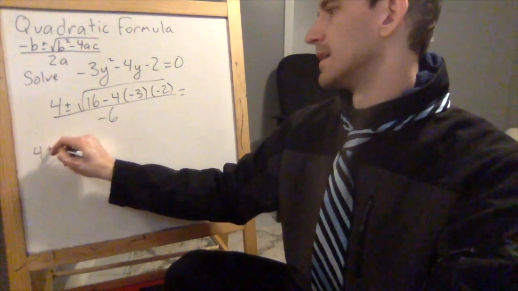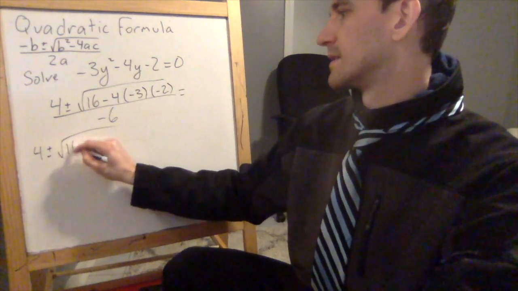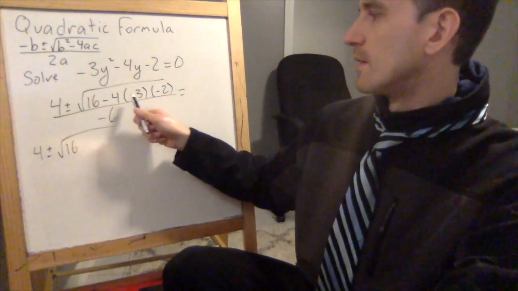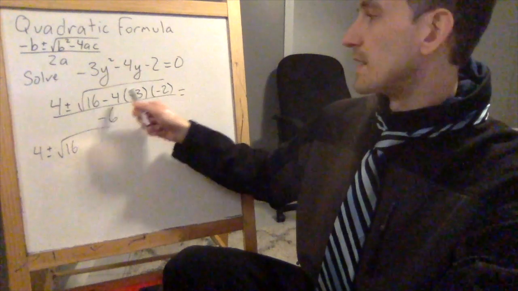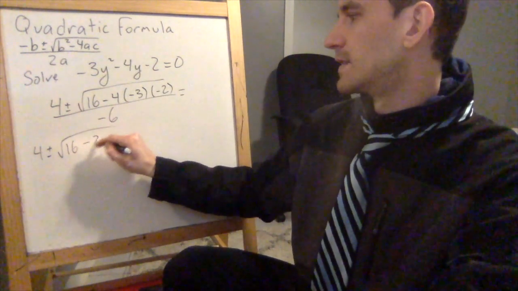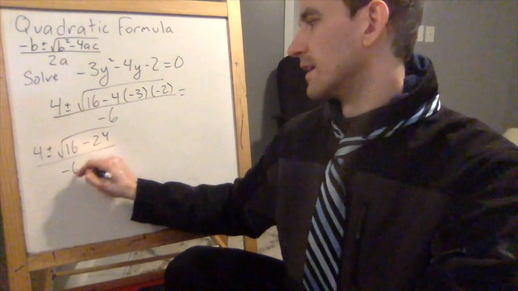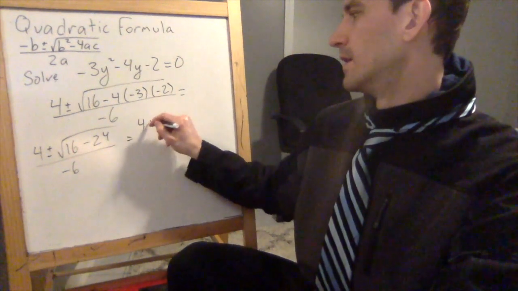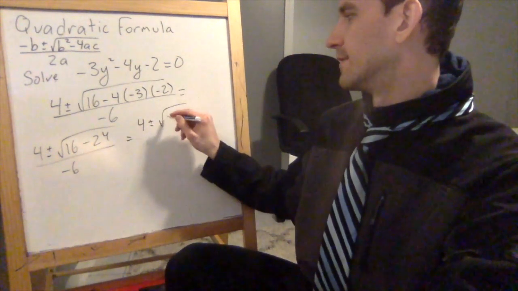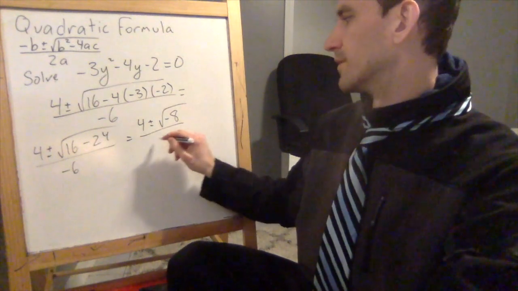That equals 4 plus or minus the square root of 16 minus 24, since negative 3 times negative 2 is 6, times 4 is 24, over negative 6. That's 4 plus or minus the square root of negative 8, over negative 6.